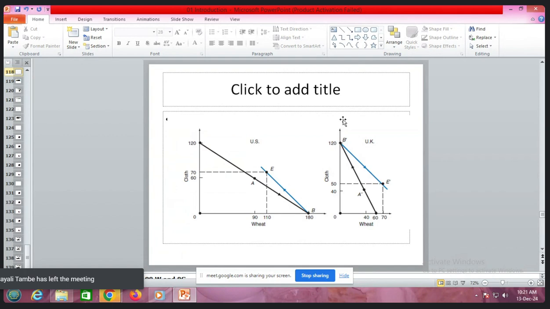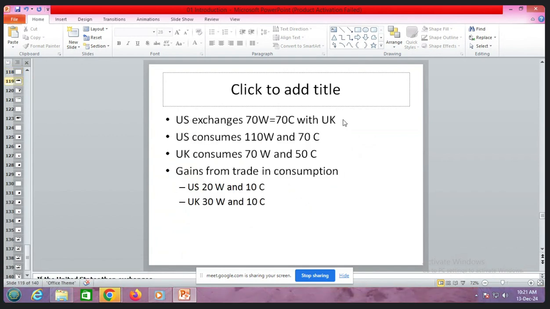So both in production and consumption, there have been gains. And this is what we call the gains from trade, the benefit that the economy is getting because of trade. Without trade, both production and consumption were at a lower level.